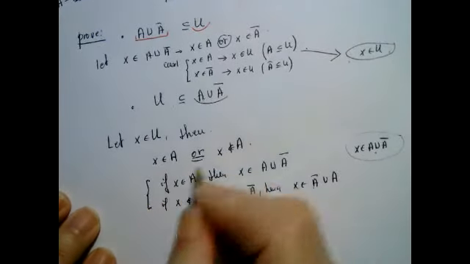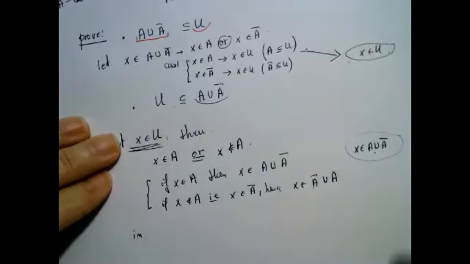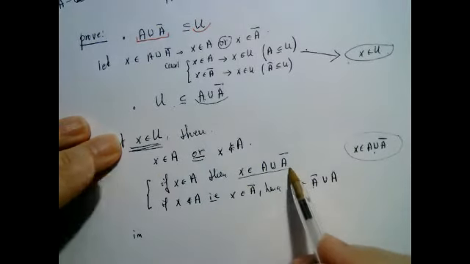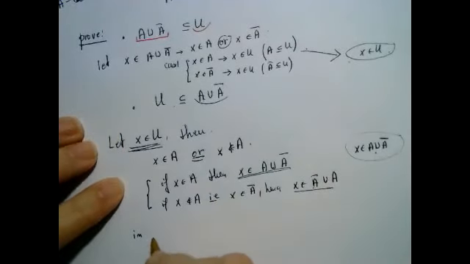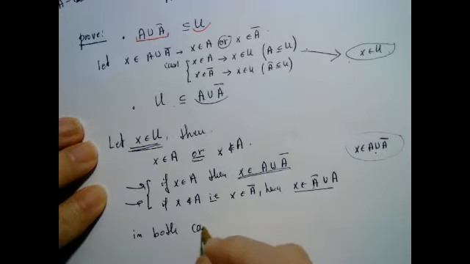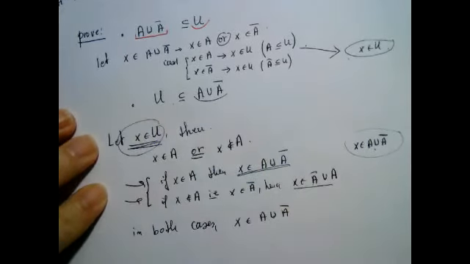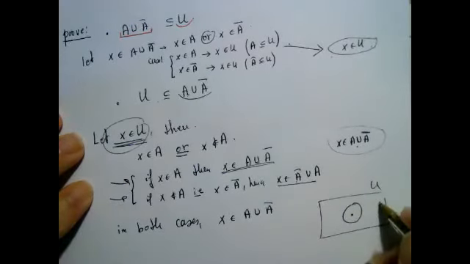So in both cases, I pick an arbitrary element in U, and we show that this element, regardless of where it is, always ends up in A union A complement. So I start with any element in U, and it's either here or here.